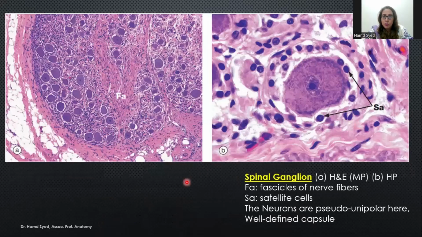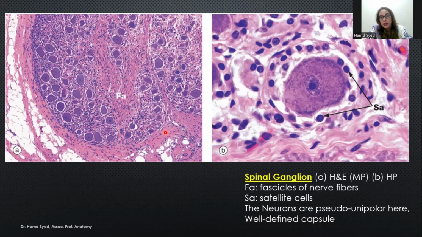We're looking at a histomicrograph of the spinal ganglion, and on the left is the H&E, hematoxylin eosin stain section at a medium power. On the right is the hematoxylin eosin stain section at a higher power. So first, if we look at the spinal ganglion at a lower power, we shall see externally it is surrounded by this thick, dense connective tissue layer, which is forming a prominent, well-defined capsule on the outer aspect.